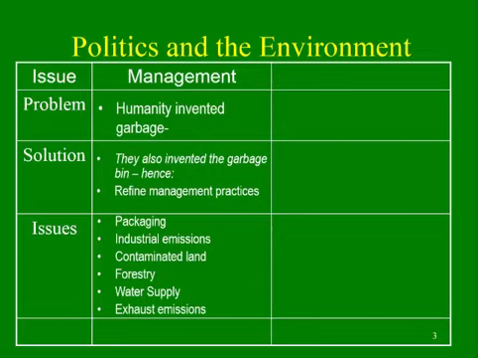And this can be summarized in the observation that humanity has invented garbage, but it has also invented the garbage bin. What this means is that where our behavior has caused a problem, we need to develop the scientific and technical responses to be able to deal with the problem. In other words, management successfully.